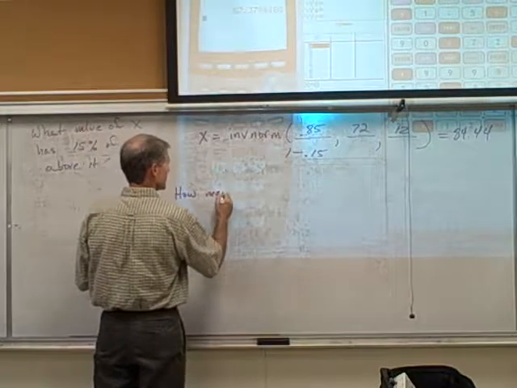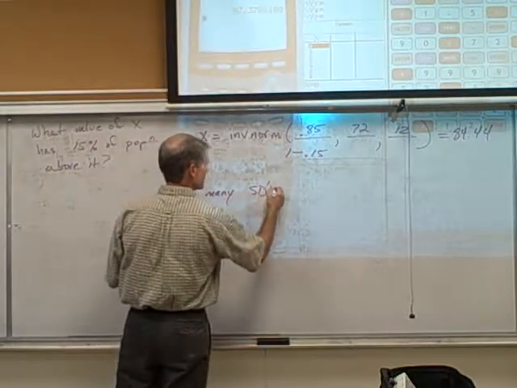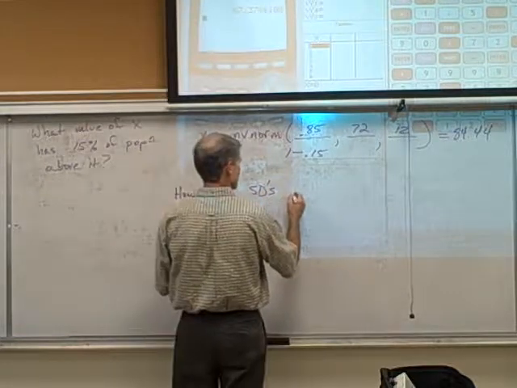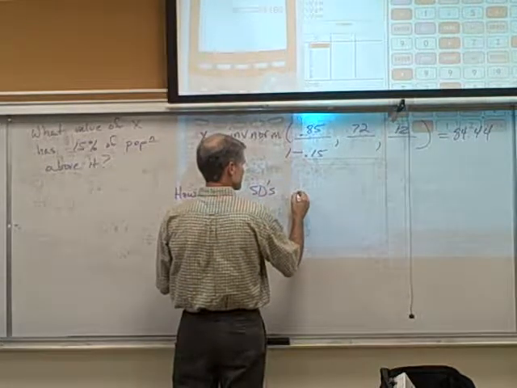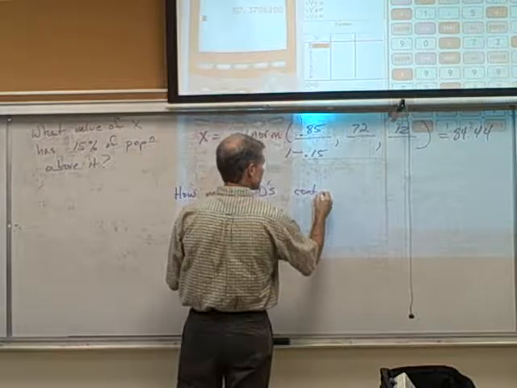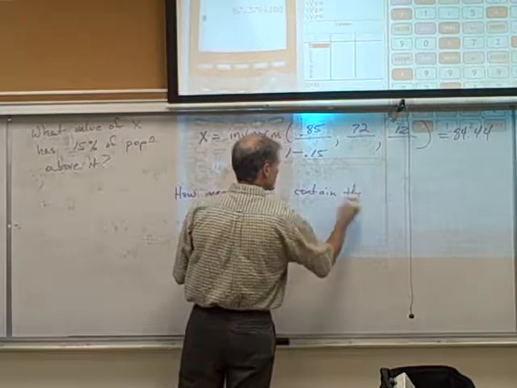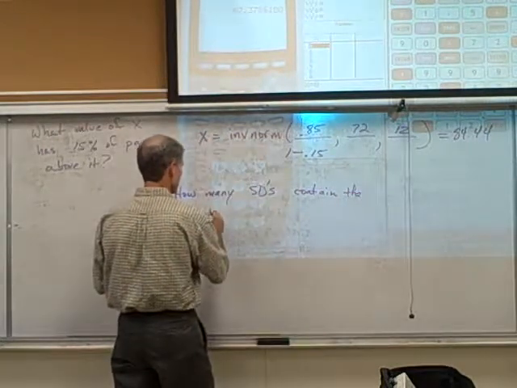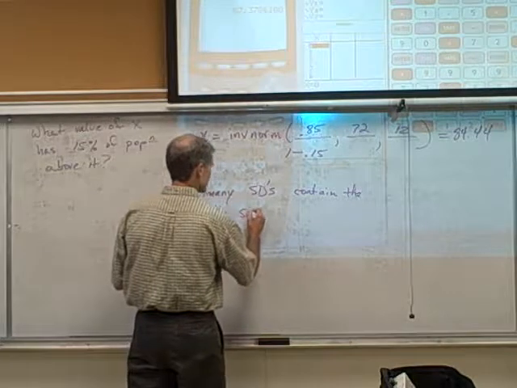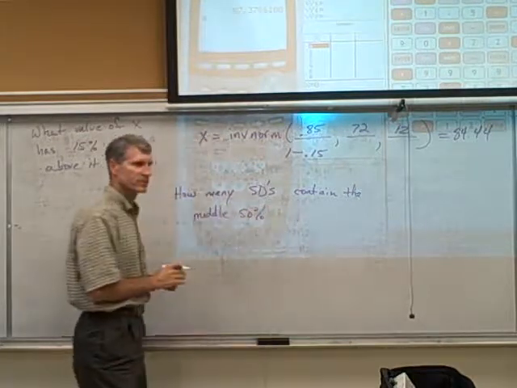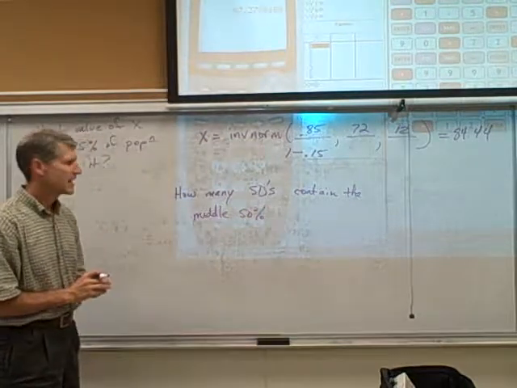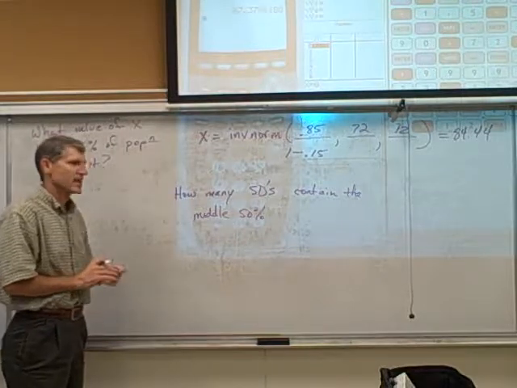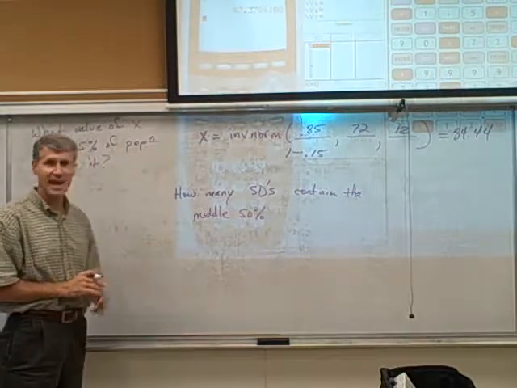How many standard deviations contain the middle 50% of a normal distribution? And they don't even give us a mean and a standard deviation. How in the heck am I going to work a problem like that?